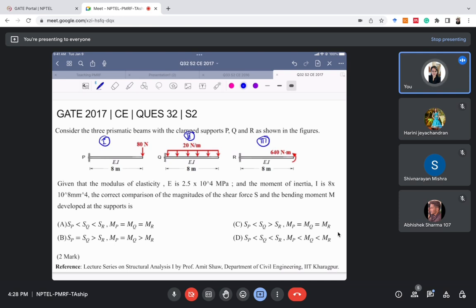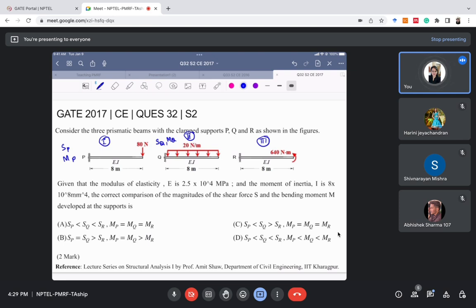So what we need to do is find the value of shear force and bending moment at the support. For example, shear force at support P we can call SP, and the bending moment at support P we can call MP. Similarly, we can call the shear force at Q as SQ and bending moment as MQ.